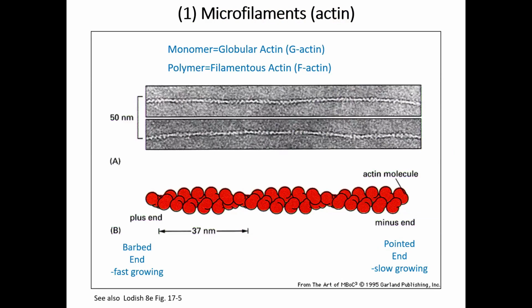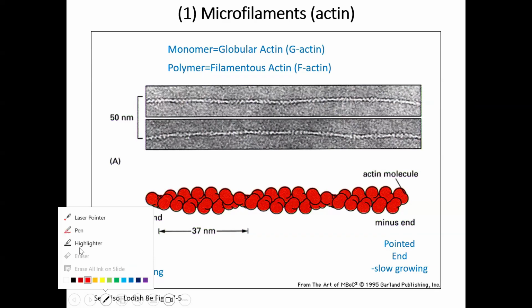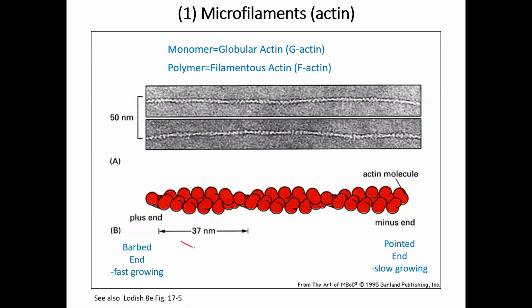All right, so your plus end and the minus end, and how the structures are drawn essentially. Remember that the plus end is the fast growing end, and we call this the barbed end. What we mean by barbed end is a structure like this.